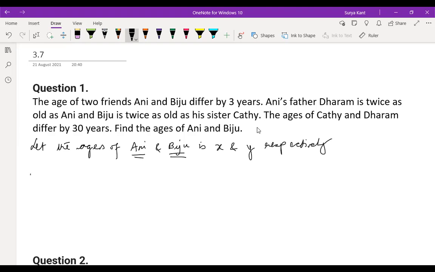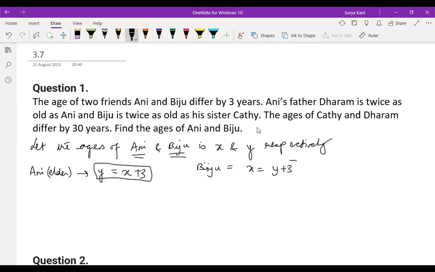Suppose Ani is elder, then what can we write, children? Y is equal to X plus 3. And if Biju is elder, then X is equal to Y plus 3, correct?